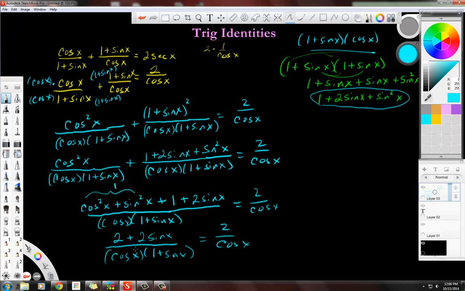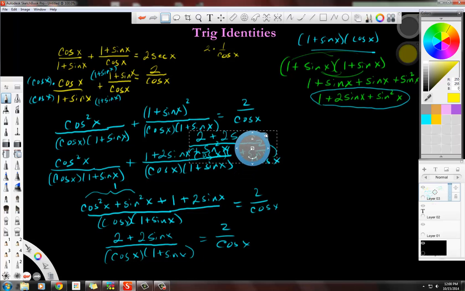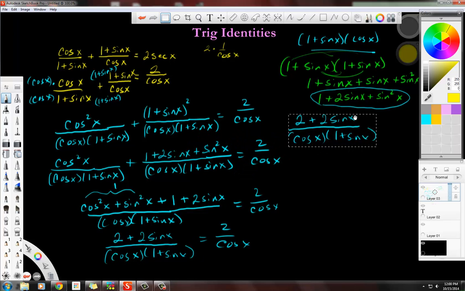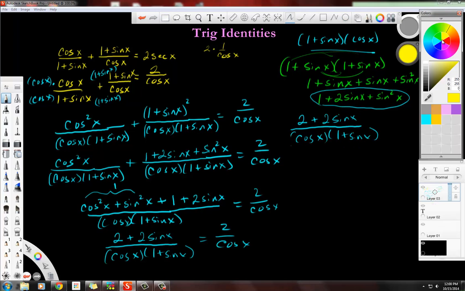Now, on the top here, I can actually get creative and factor a 2 out of that. Okay? So now I'm going to come over here. Let me copy and paste this. Just that part right there. That'll work. Control C, Control V. Let's get some more real estate here. So I'm still working on the left side of this. All right.